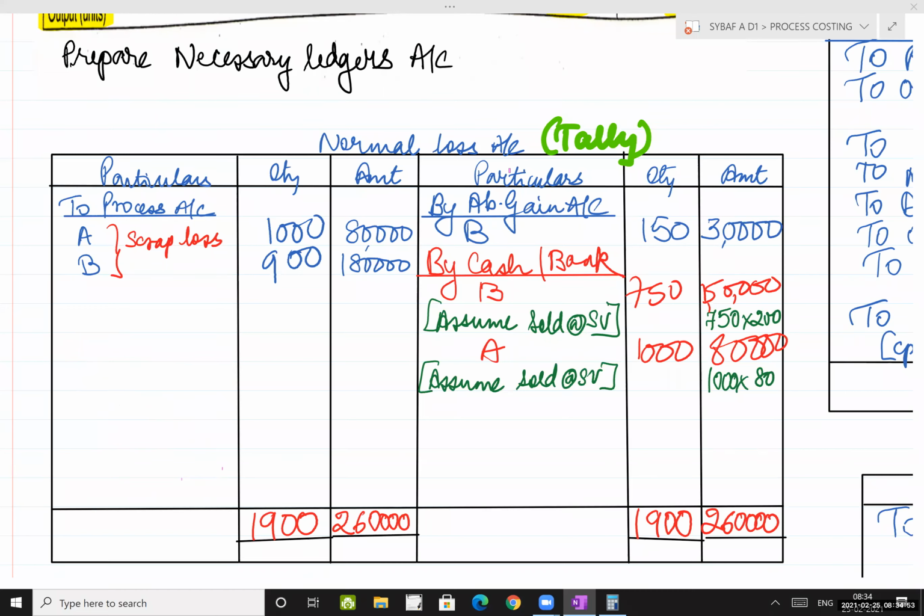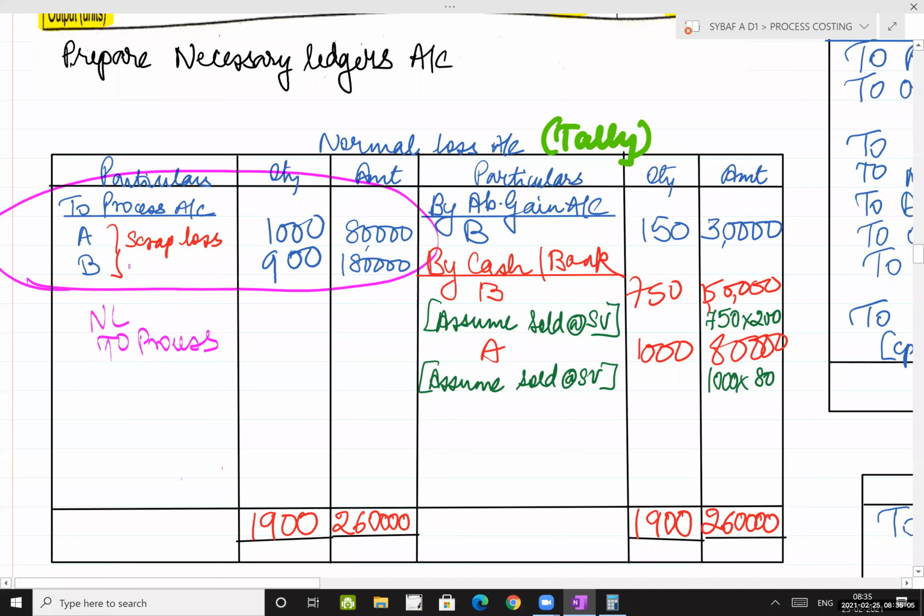The first step of normal loss is normal loss to process, which is here. See this one. Which is actually second effect from the process account. And then next is abnormal gain to normal loss, which is here.